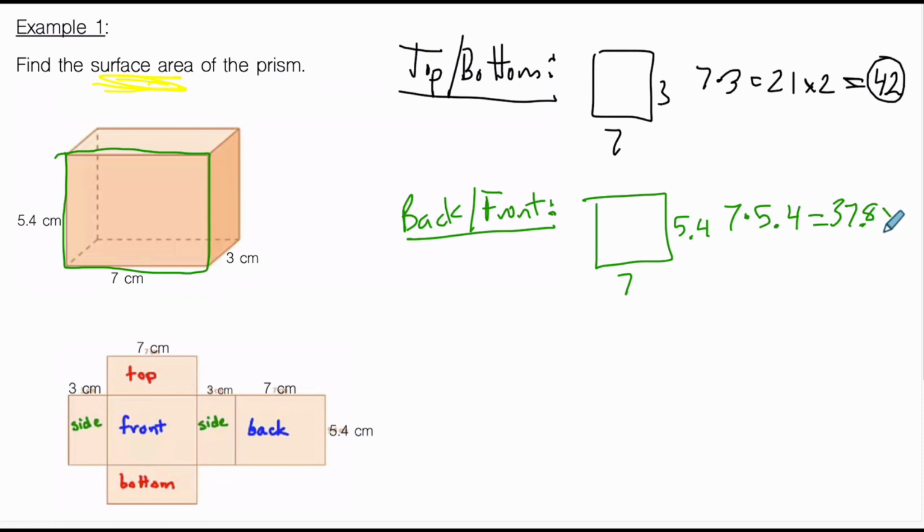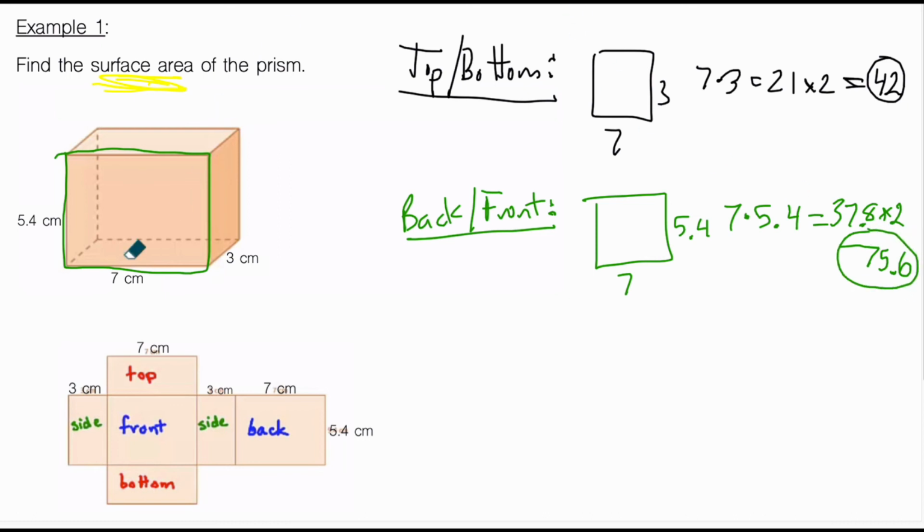But I need to double that because it's a back and a front. So in total, I'm going to just double check with a calculator so I don't make a silly mistake. Feel free to use one yourself. That's going to be 70. My computer's freezing. 75.6. All right, getting down to the wire here.